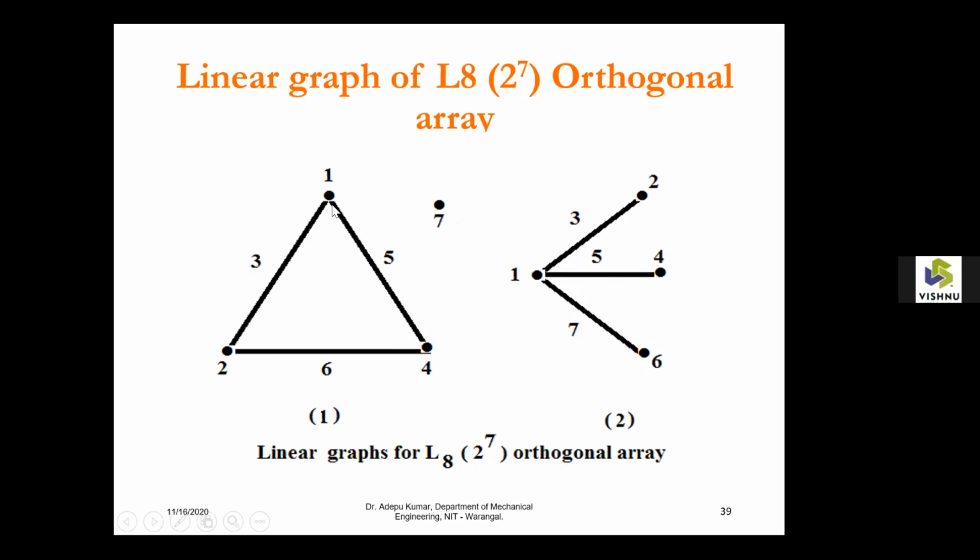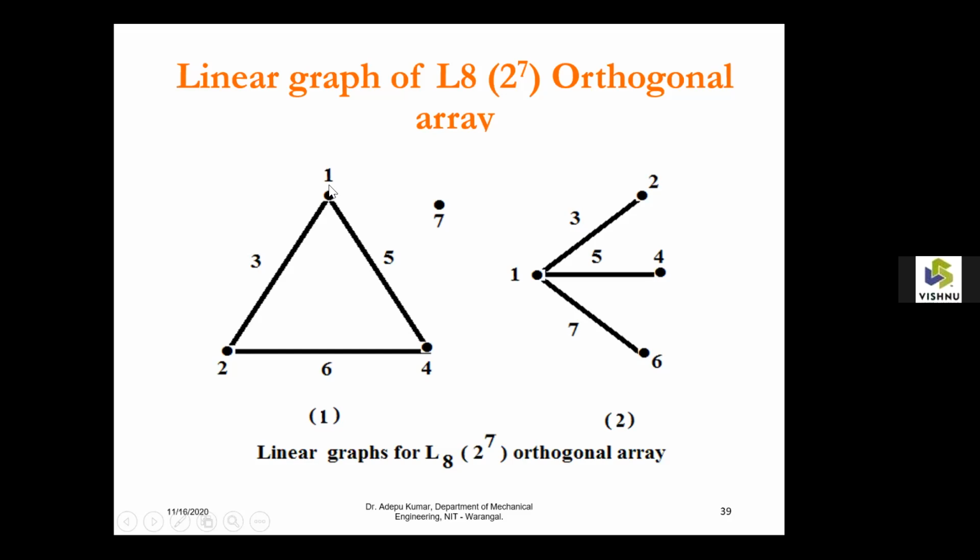Now if I connect a line between two dots, that indicates interaction. If there is interaction between 1 and 2, I draw a thick line like that.